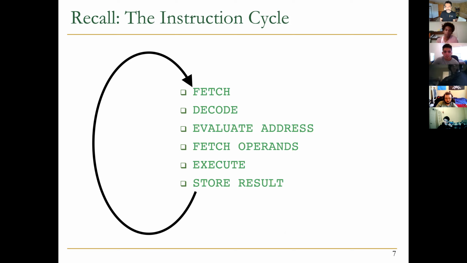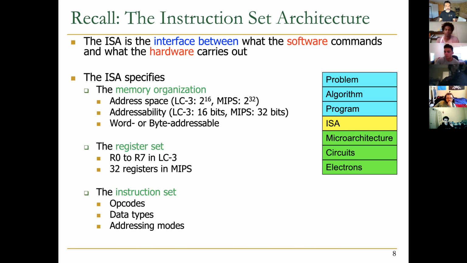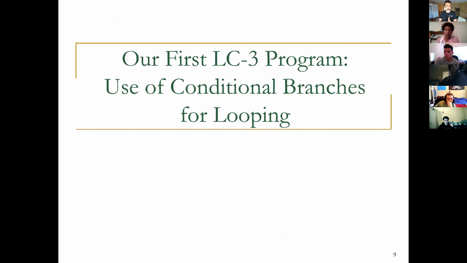So when you write code, you don't typically think about these individual steps, but you need to think about it when we want to implement the ISA, when we talk about the macroarchitecture. We already talked about this.